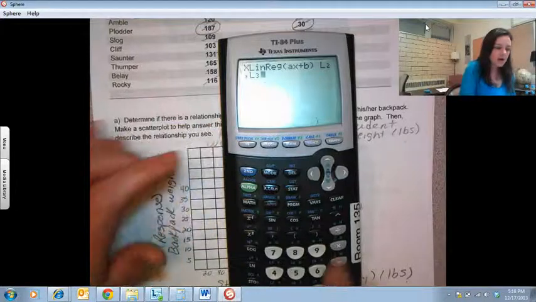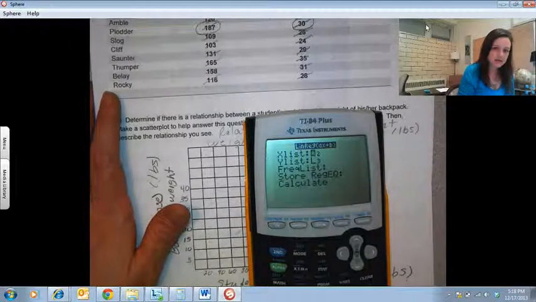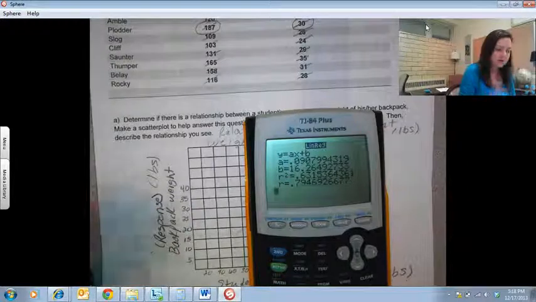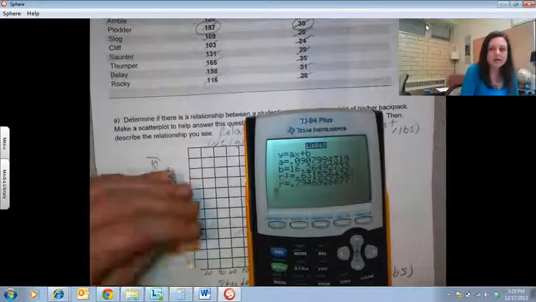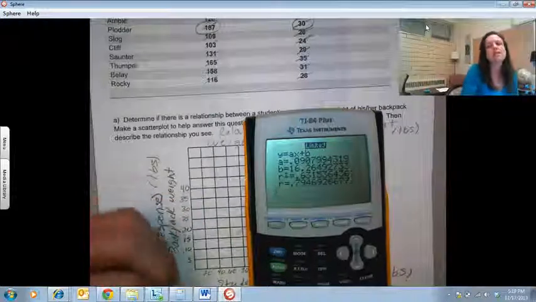But my calculator here is set up that it's in there this way. And I'm going to enter, calculate. Cool. And this is going to give us all of the information very quickly that we're going to need for the rest of this problem.